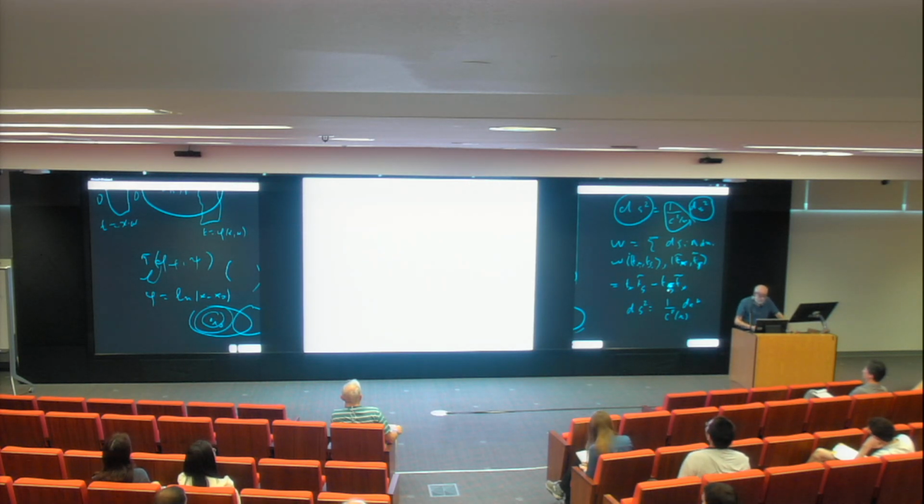Okay, so this defines the geodesic distance between this plane and this plane, because you're trying to go in the minimum amount of time possible along the gradient, as the gradient is perpendicular to the level sets of the phase function.